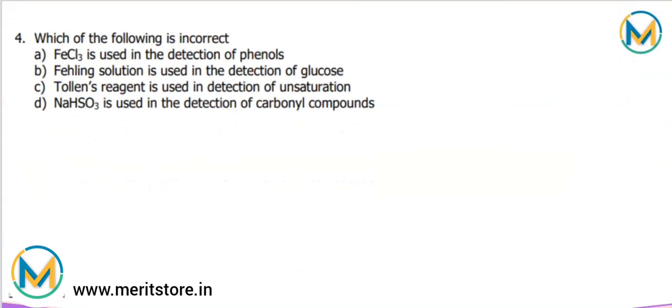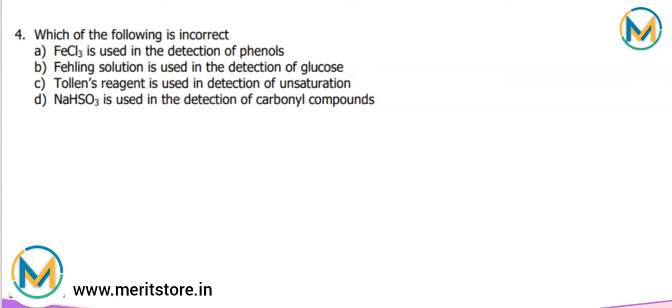Next question, question 4. Which of the following is incorrect among the given options? Now, FeCl3 is used in detection of phenol. So it's absolutely correct. FeCl3 gives a different color solution with phenol, and it does not give any change in color with alcohols. Next, Fehling's solution is used in detection of glucose.